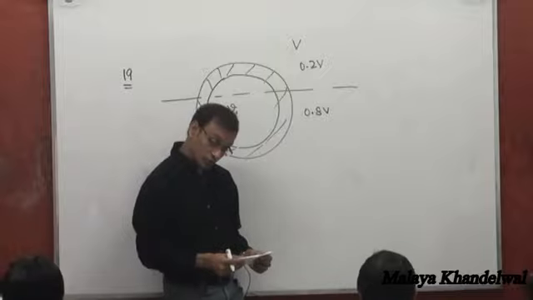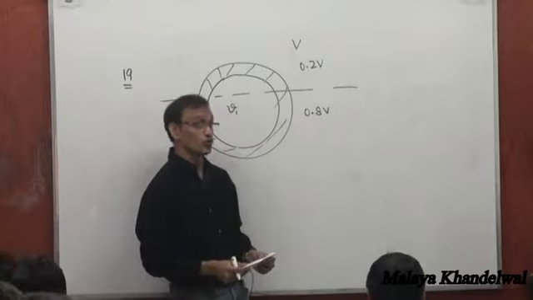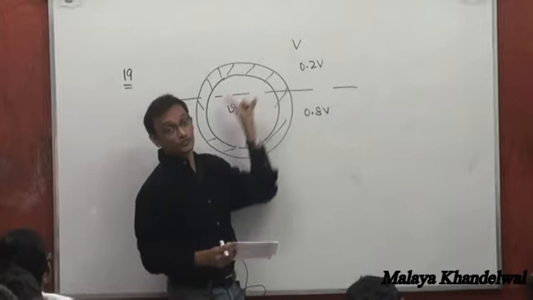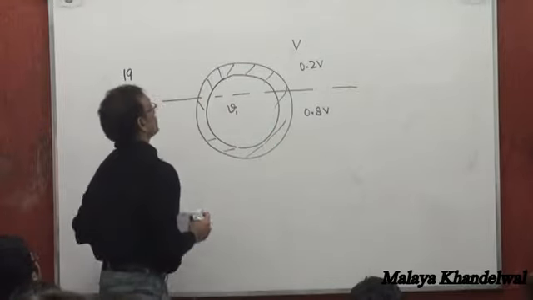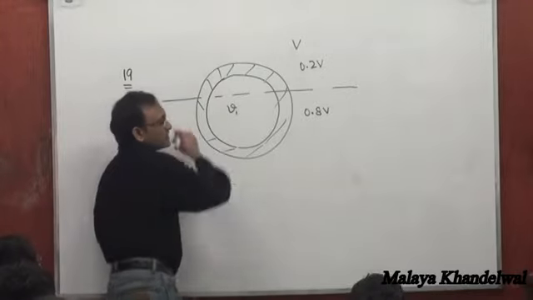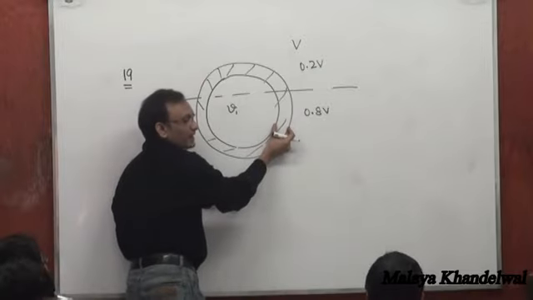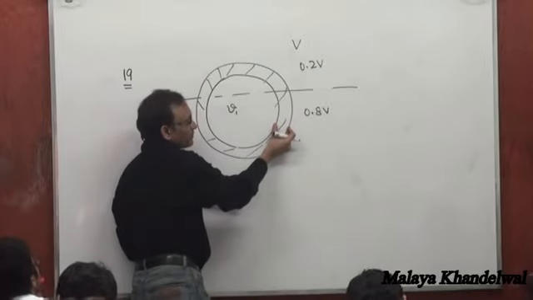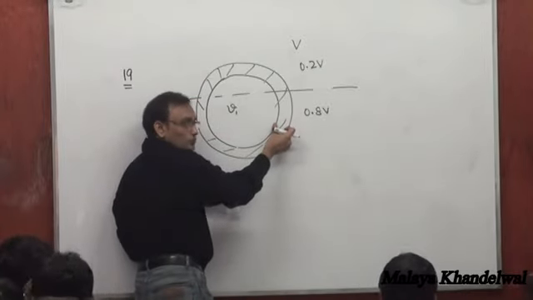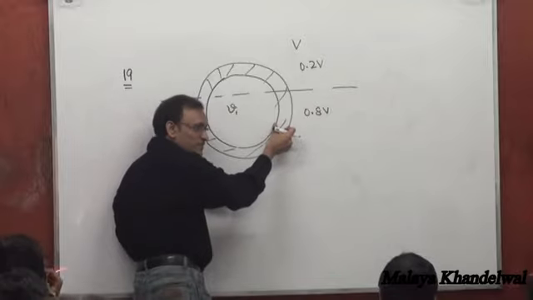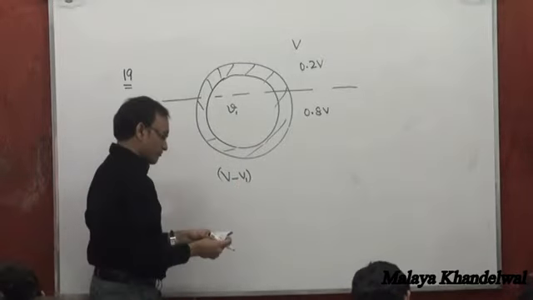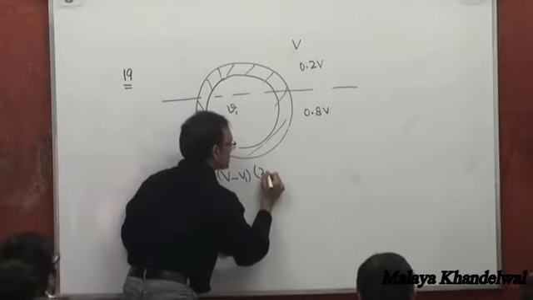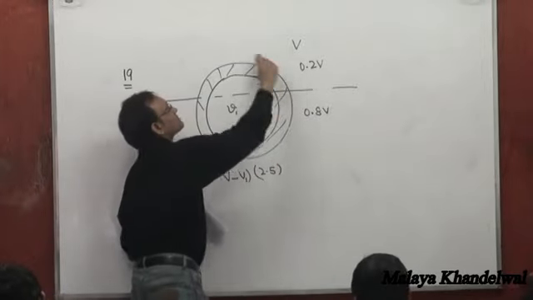We want to find the volume of the cavity as a fraction of the total volume. That means V1 by V is what we want to find, right? Apply laws of flotation. The volume that is contributing to the weight is V minus V1, at the rate of 2.5 grams per cc.